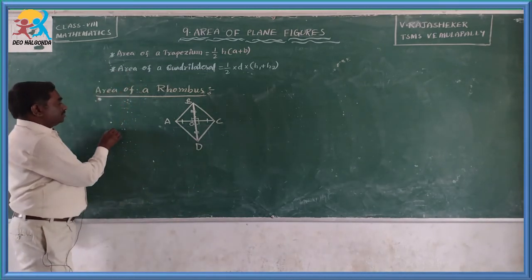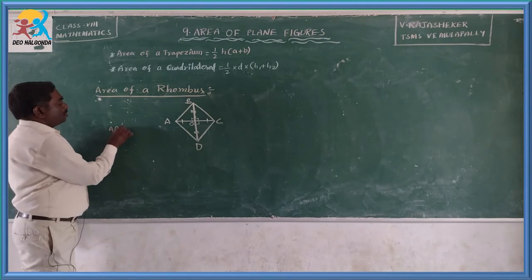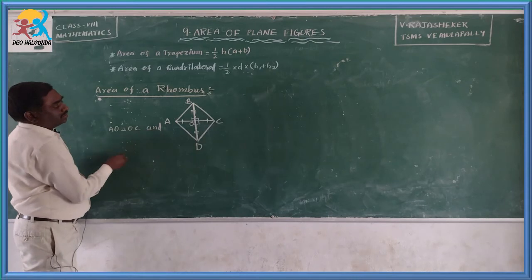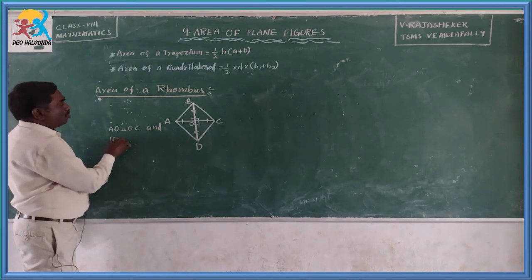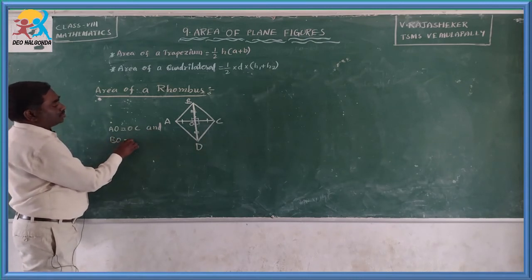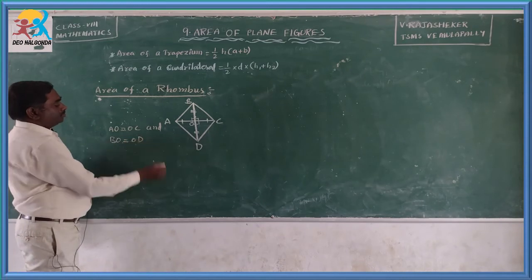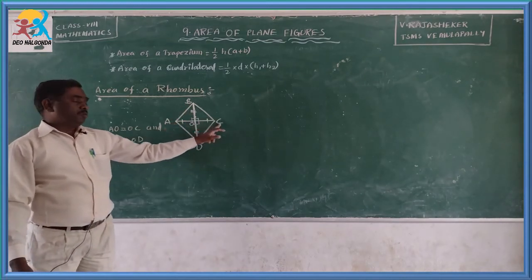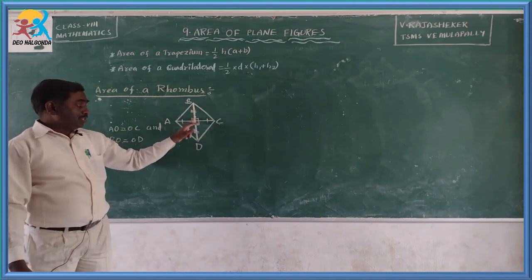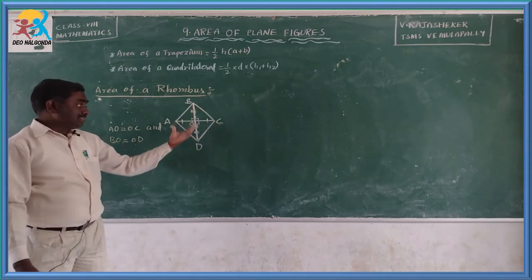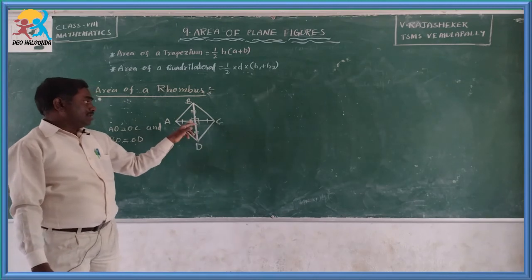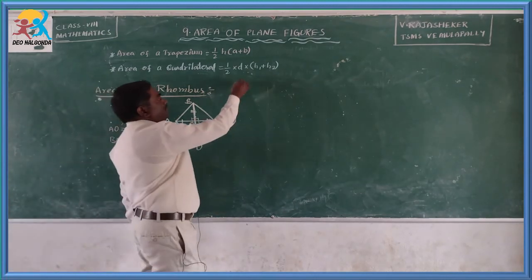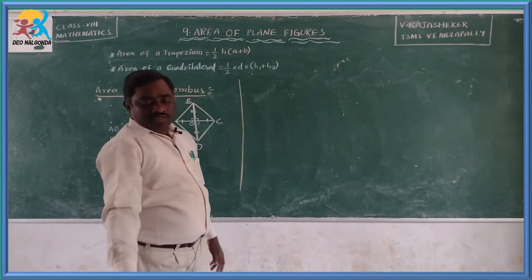So, that means AO is equal to OC and BO is equal to OD. The lengths are equal, they perpendicularly bisect. Now, how to find the area of a rhombus?